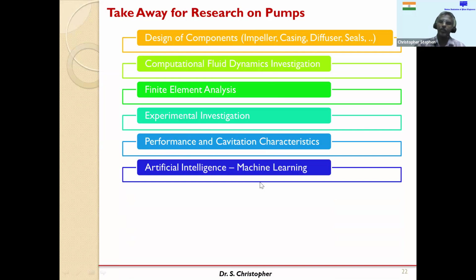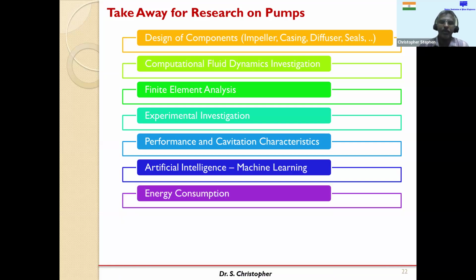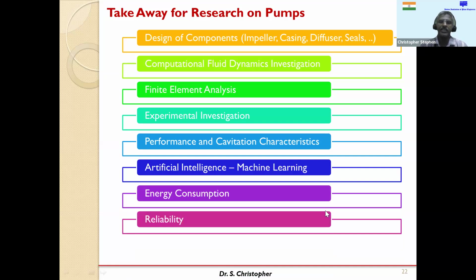Nowadays everyone is talking about artificial intelligence and machine learning. If you have previous data, with the help of AI we can find out the best design for a particular application. Energy consumption is the main thing. Even if you are able to save 1 or 2%, that makes a difference. And reliability, how long the pump can be used.